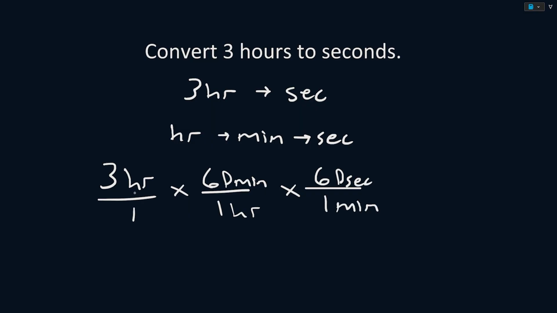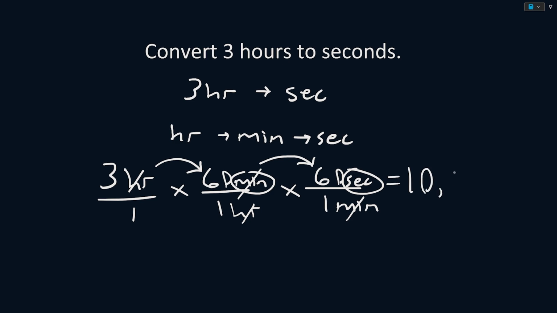Here we want to make sure that our units cancel diagonally and leave us with the units that we want. So we have hours cancel and leave us with minutes, and then minutes cancel to leave us with seconds. To solve this, we multiply 3 times 60, and then that product by another 60, which gives us that 3 hours is equivalent to 10,800 seconds.